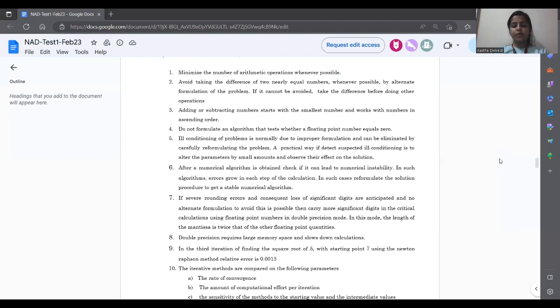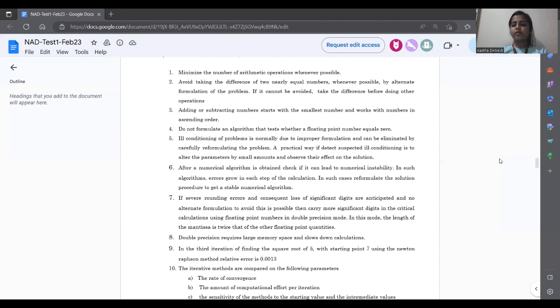To avoid this problem, it is recommended to use an alternate formulation of the problem that avoids taking the difference of two nearly equal numbers. This can involve algebraic manipulation or reordering the calculation to reduce the sensitivity to small change in the input. If it is not possible to avoid taking the difference of two nearly equal numbers, it is recommended to take the difference before performing the operation.